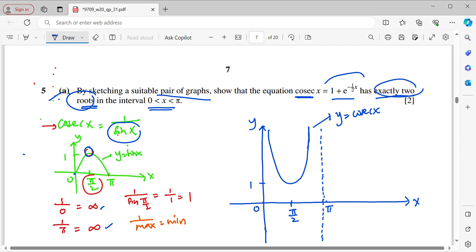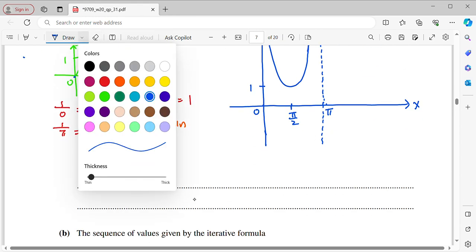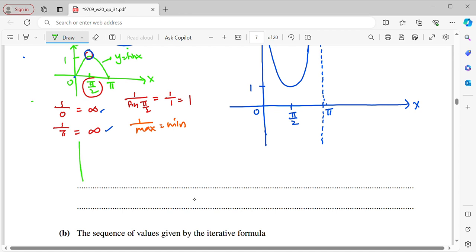Now another graph you need to sketch is 1 plus exponential negative half x. But before that, I'm sketching e to the x first. Just for information, this is your e to the x. So if let's say e to the negative x, here is 1.